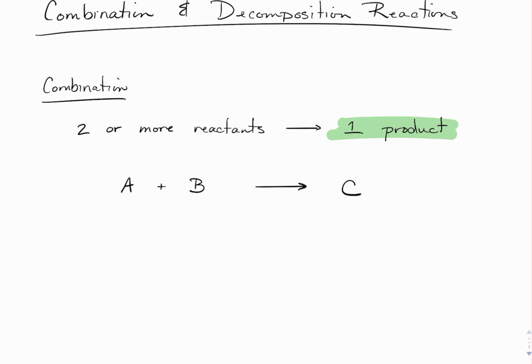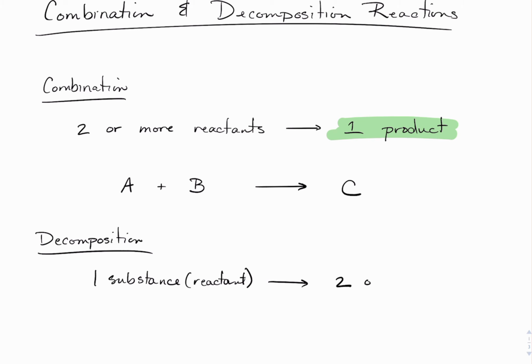The definition of a decomposition reaction is the exact opposite. The decomposition reaction is where you have one substance, or one reactant, if you will, that produces two or more products.